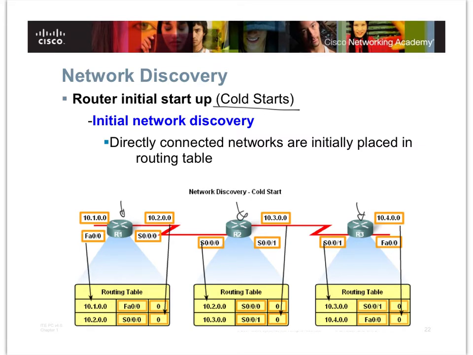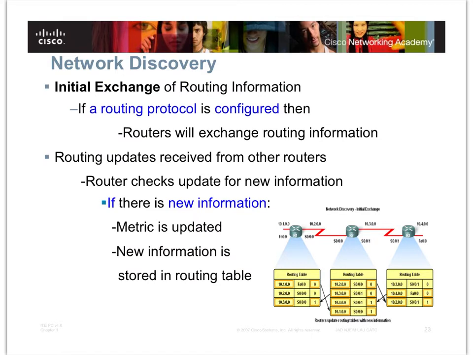Okay, so in the next phase, once I start the dynamic routing protocol, assuming that I have started one of the dynamic routing protocols, in that phase, we start to exchange routing information. And here, this particular example talks about the use of RIP, because how did I know this?